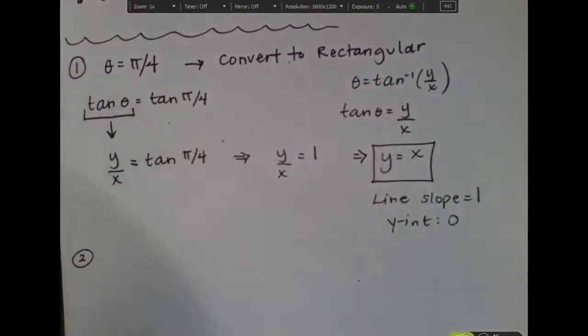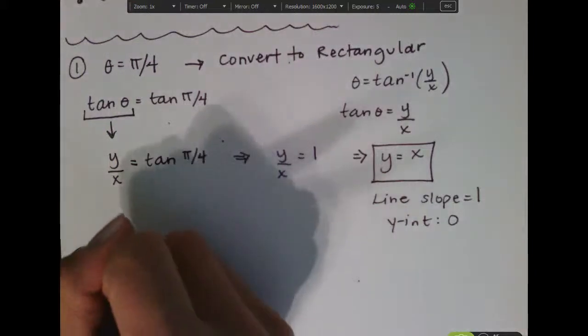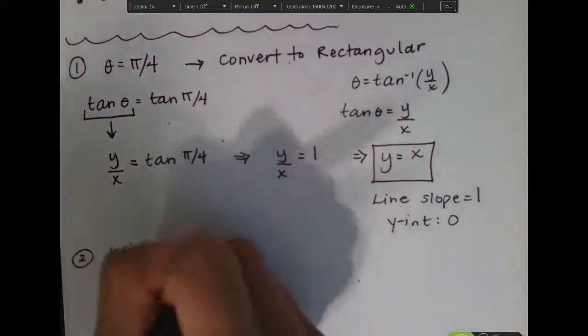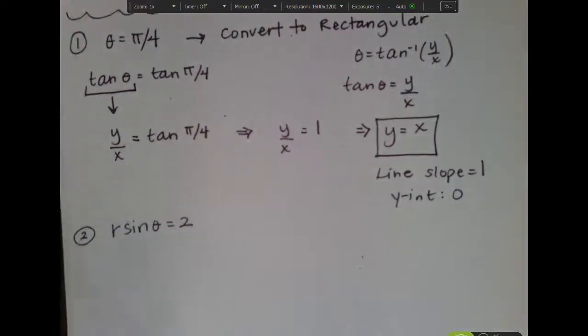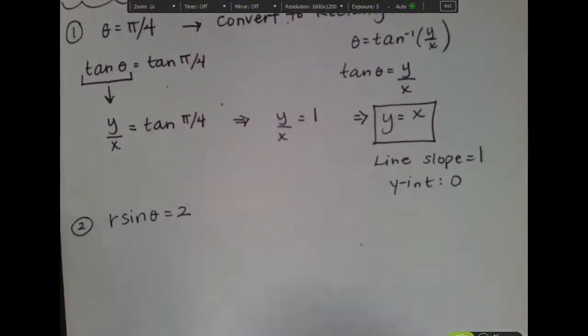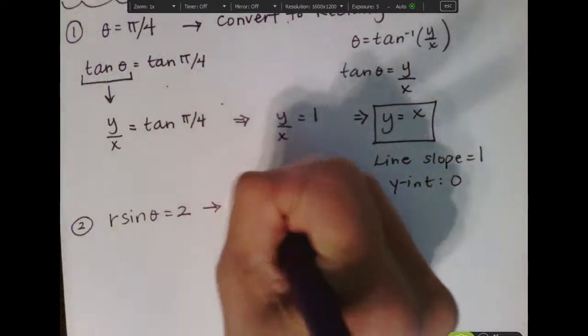In this example, we're also going to have a line. It'll be a different type of line though. So r sine theta equals 2. Again, we know it's a polar equation because it has r's and thetas. And one possibility to graph it is to change it to rectangular form.